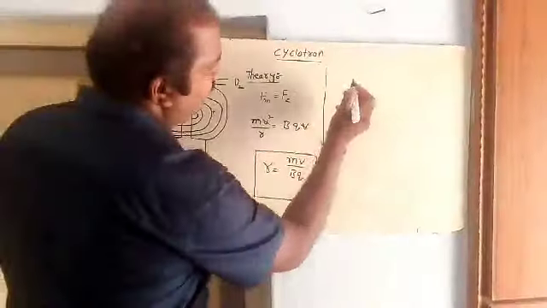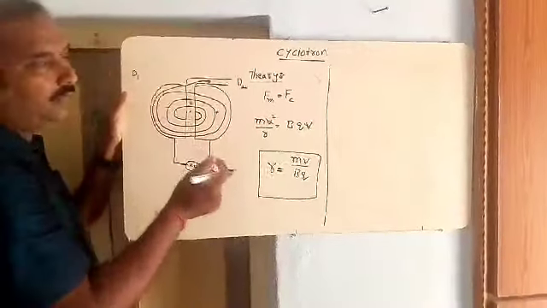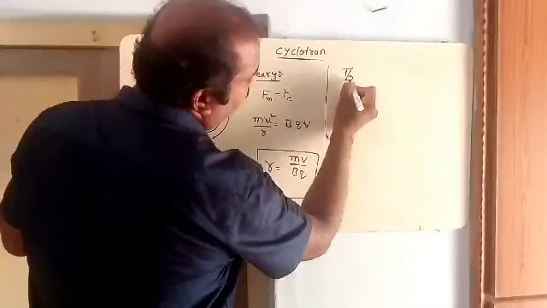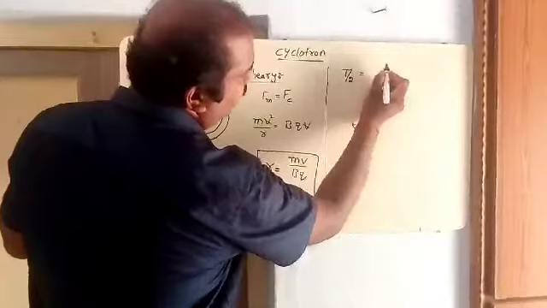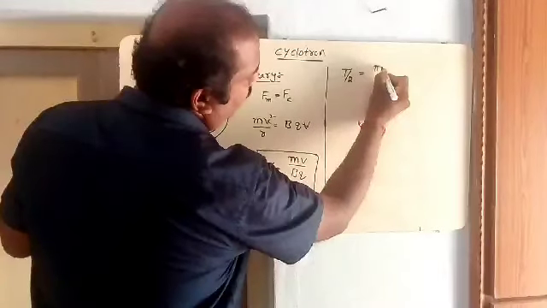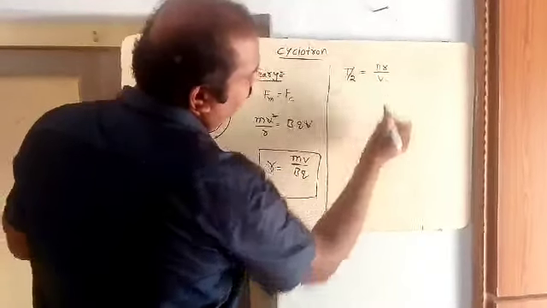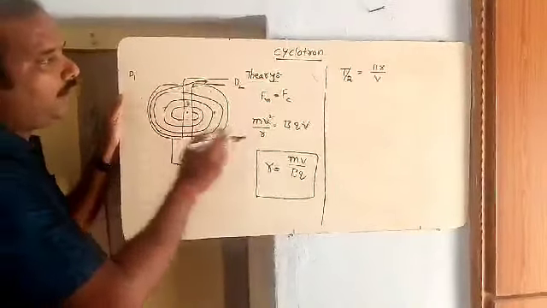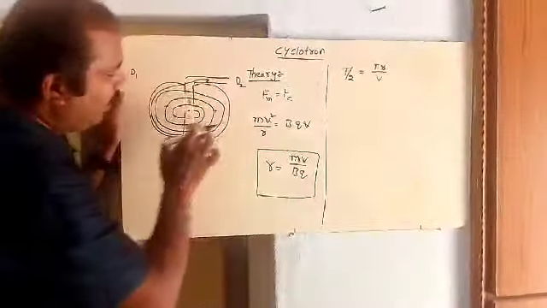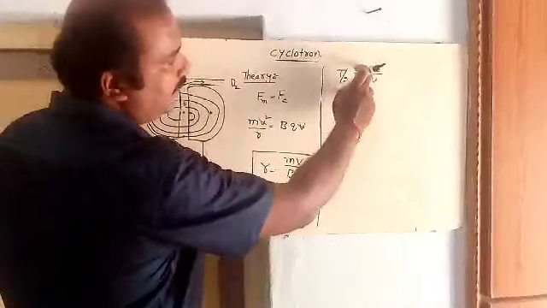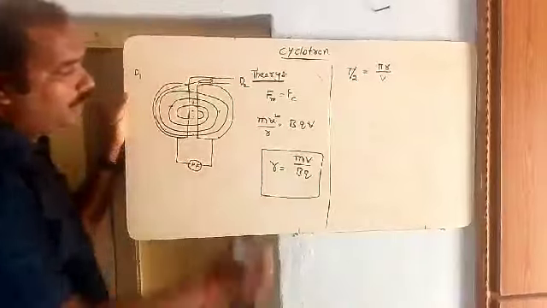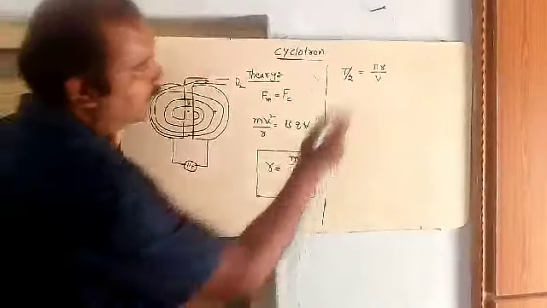Now in such a case, the time taken to complete half of the oscillation is nothing but T by 2, half of the time, is equal to pi r by v. Because complete circle means I can take 2 pi r, but here only half of the circle, that is the reason in place of 2 pi r I can take pi r by v. Now already r value we know, substitute the value here.